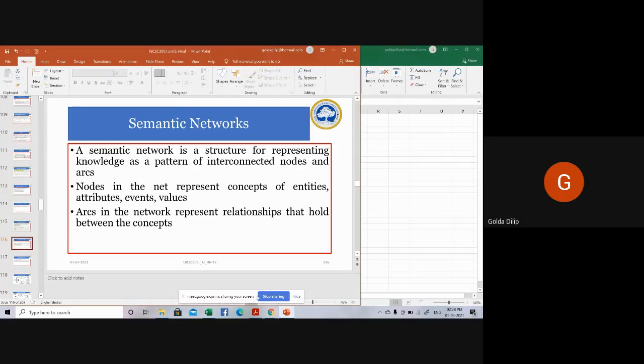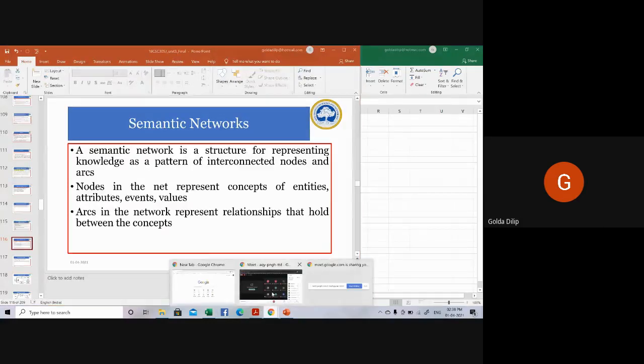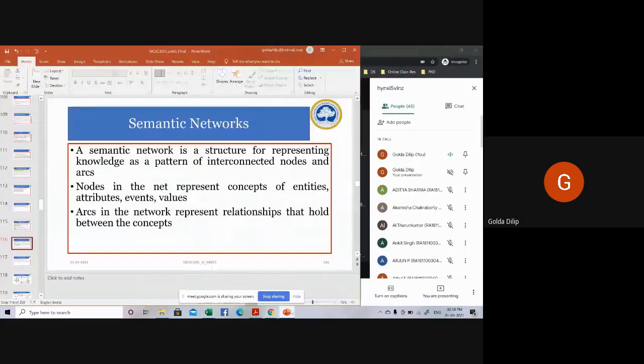Similarly, here we have what is called a semantic net. Just like class diagrams in object-oriented programming, a semantic network is a similar diagrammatic representation of knowledge in AI.